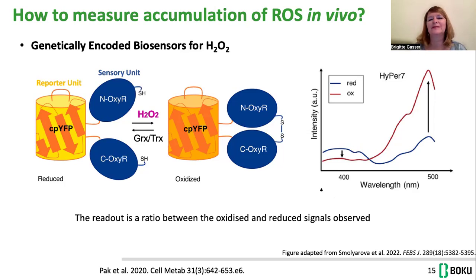Finally, the readout here is a ratio between the oxidized and the reduced signal, meaning that it's a ratiometric sensor that you can also target to the organelle that you like.